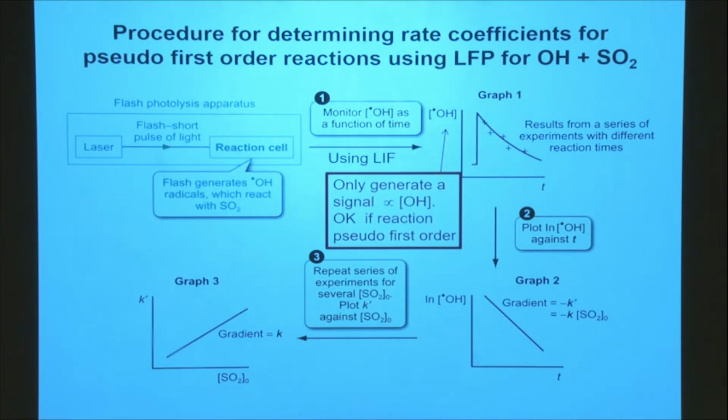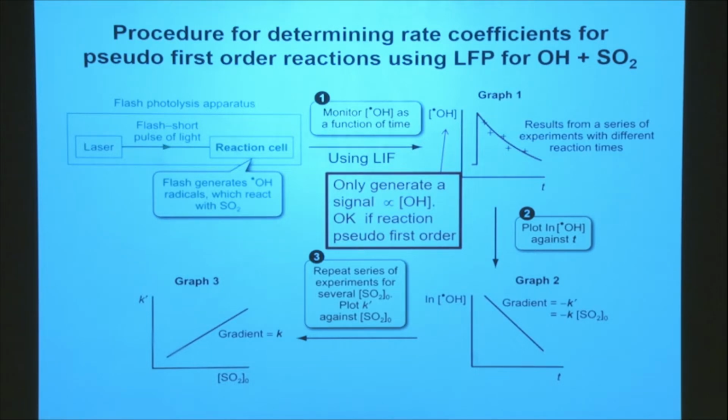We're using various delay times between our photolysis laser and our fluorescence measurements. If we do that, then we'll get this pseudo first order decay, which is proportional to the decay in OH through the reaction.